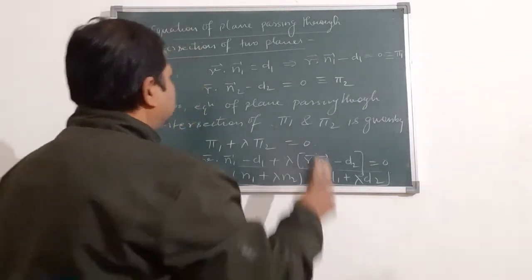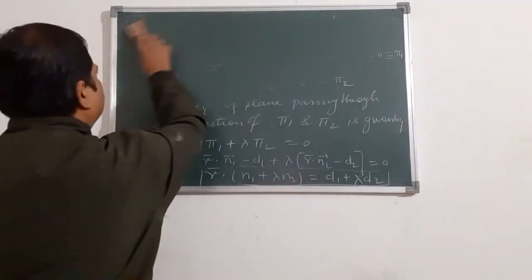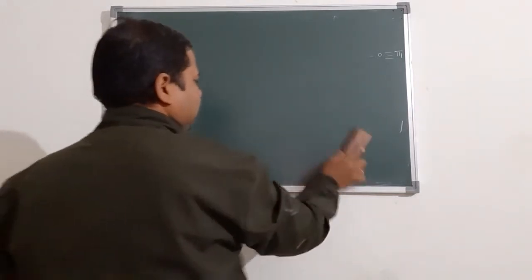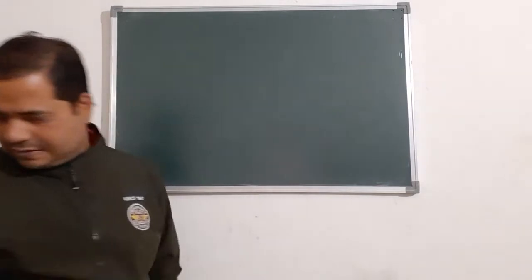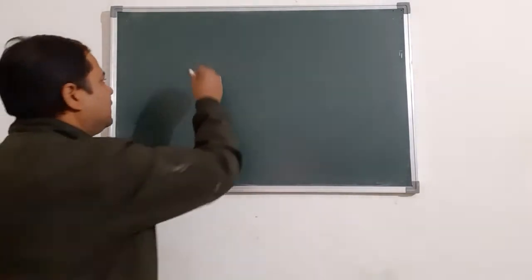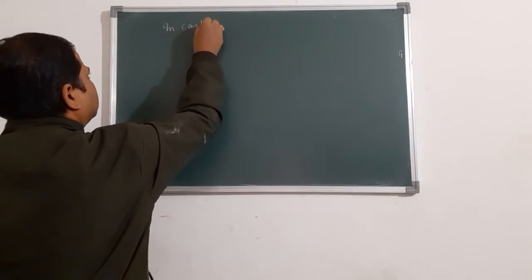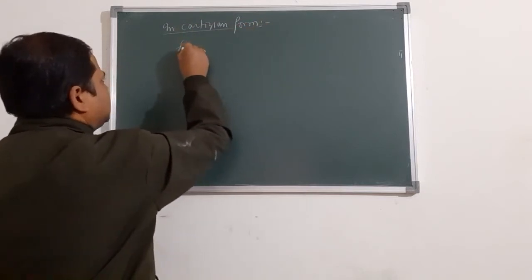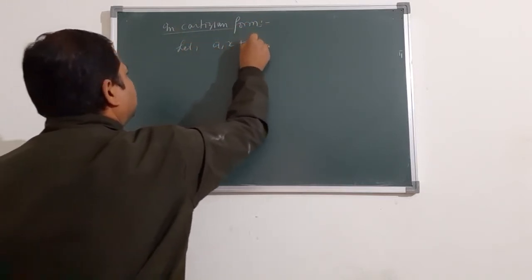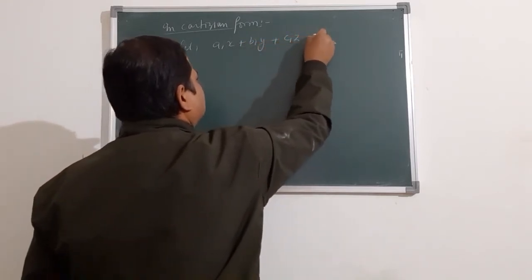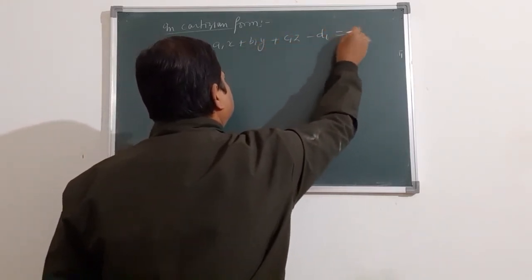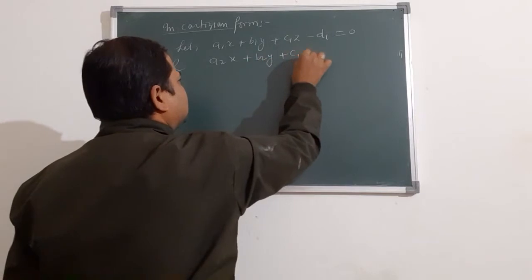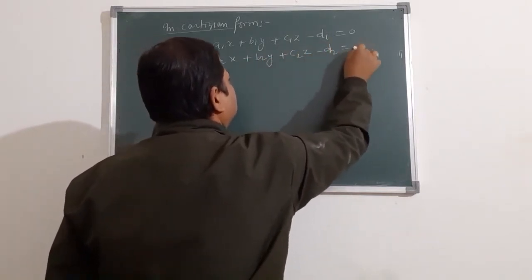If you want to see in Cartesian form, then suppose a1x plus b1y plus c1z minus d1 is equal to 0, and a2x plus b2y plus c2z minus d2 is equal to 0.